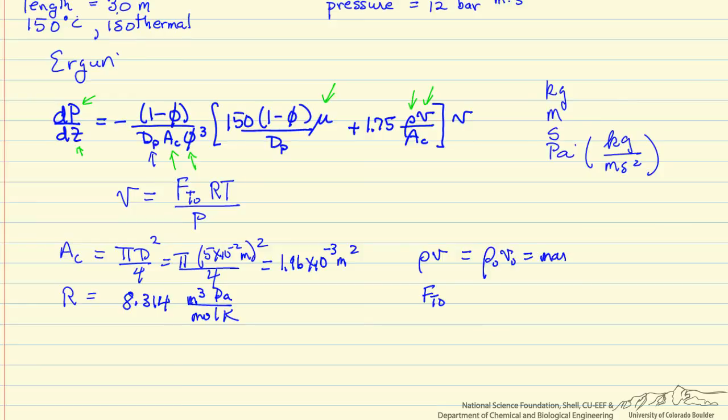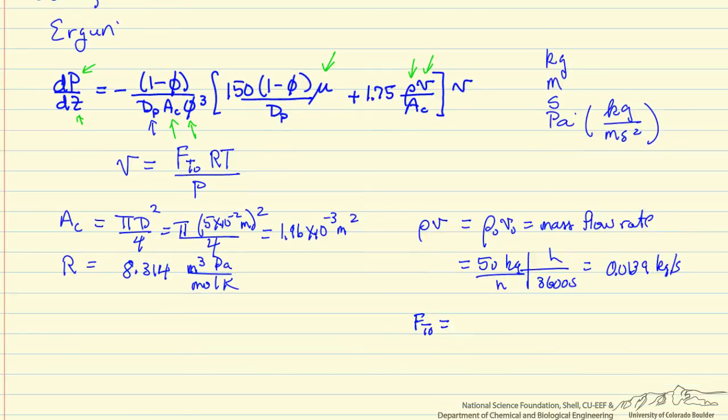This is just the mass flow rate, and this is a constant for our system, and it's given 50 kilograms per hour, and we have to convert to seconds. And then we have the molar flow rate at the inlet, and since there's no reaction, then the molar flow rate is a constant, and so we're going to determine that from the mass flow rate and the molecular weight.